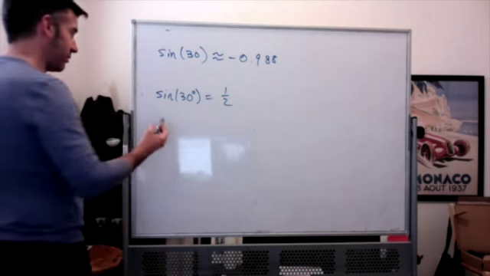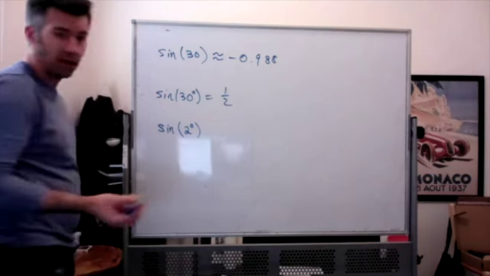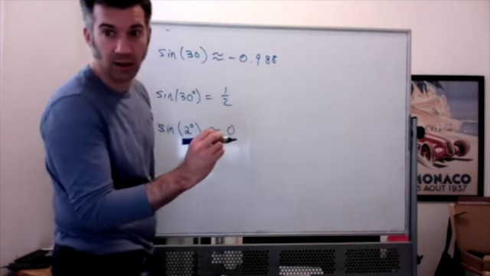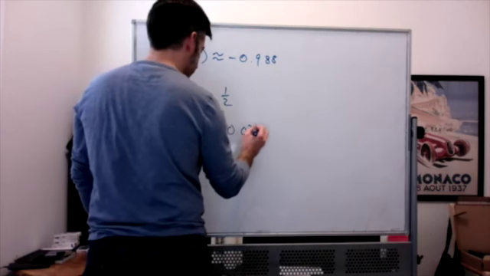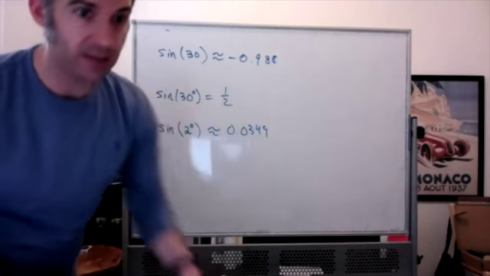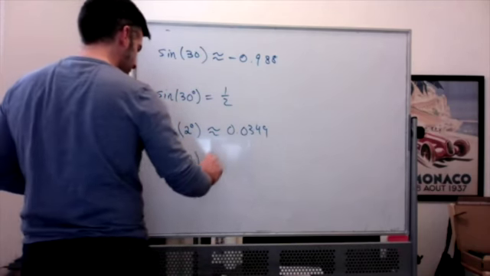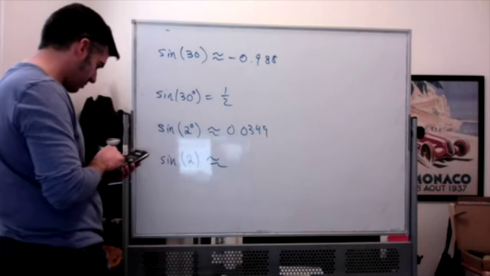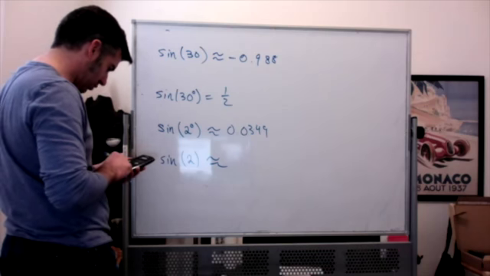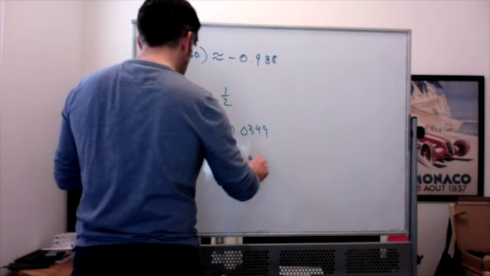Another couple examples: using a calculator, sine of 2 degrees is approximately 0.0349. Whereas if I were using radians, sine of 2 radians is approximately, let's find out, sine of 2 is about 0.909.